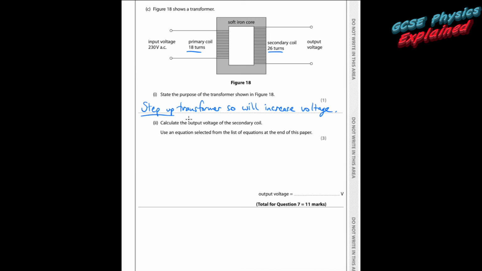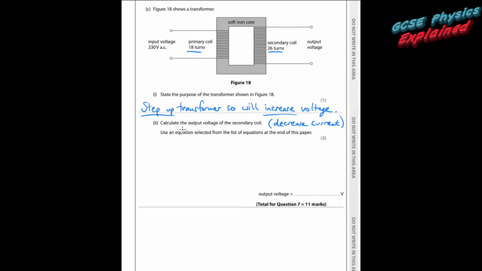Whatever the transformer says it does, that's what it'll do to the voltage. And then consequently, if it's going to increase the voltage, you could also say it's going to decrease the current. Because whatever it does to the voltage, it does the opposite to the current.